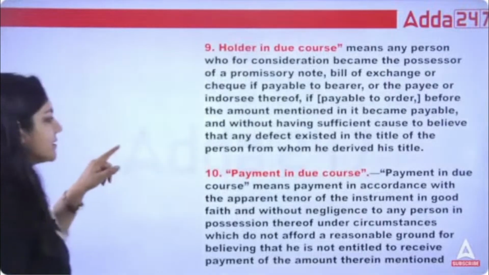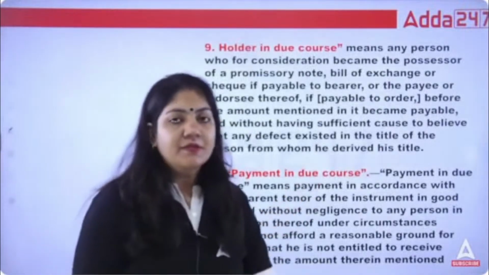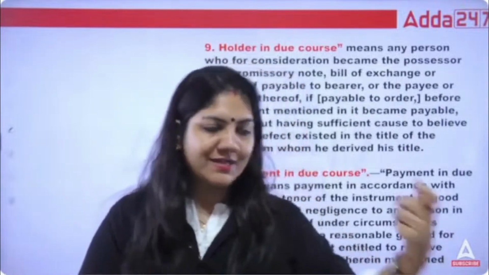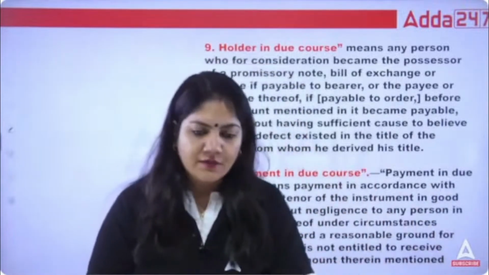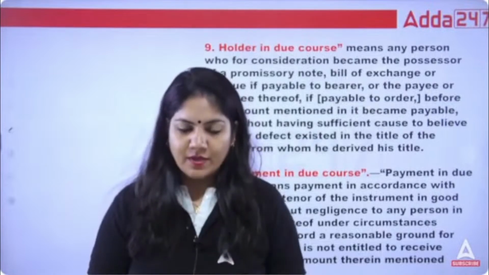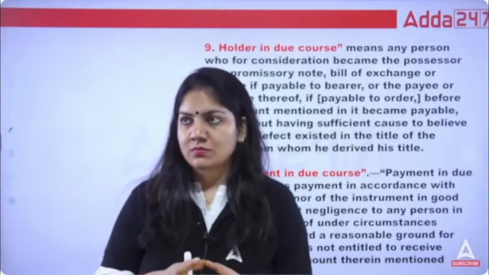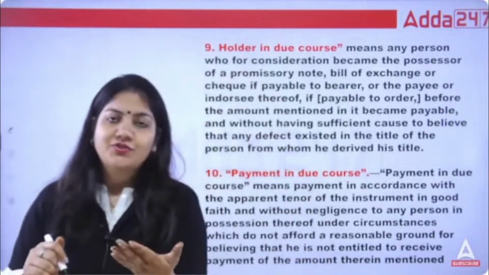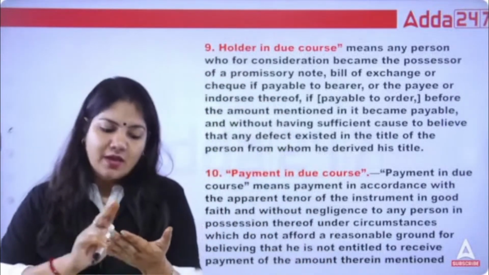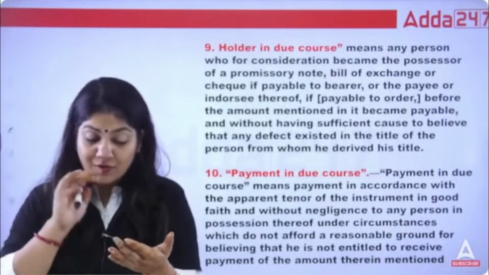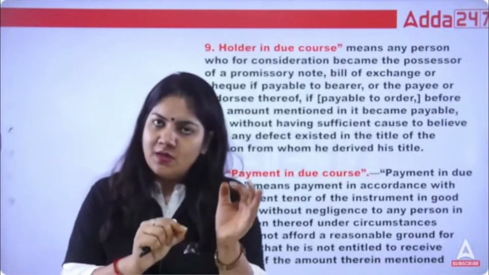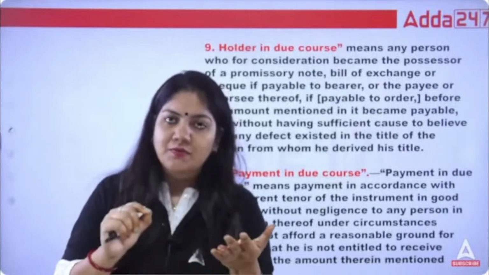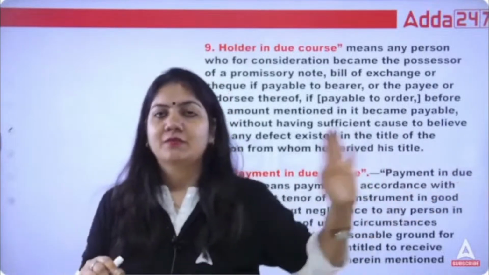Now, what is payment in due course? Payment in due course means, suppose Nikita ma'am, me, has taken a check from the drawer of my house, and that check actually belongs to my husband's company, but I just use the check leaf. In the check leaf, the amount is not written, only the sign of that particular person is there. So I have just written my name and the amount, and I deposit the check to the bank.